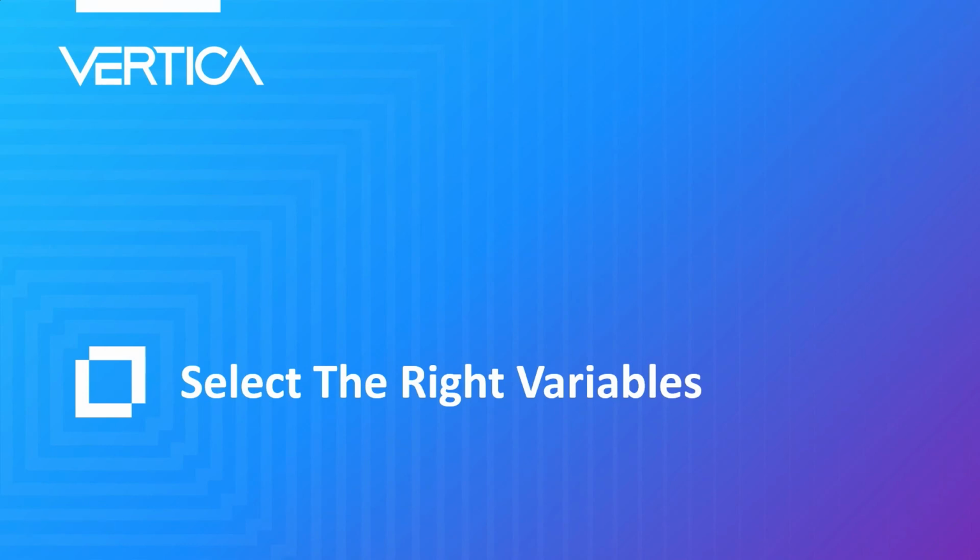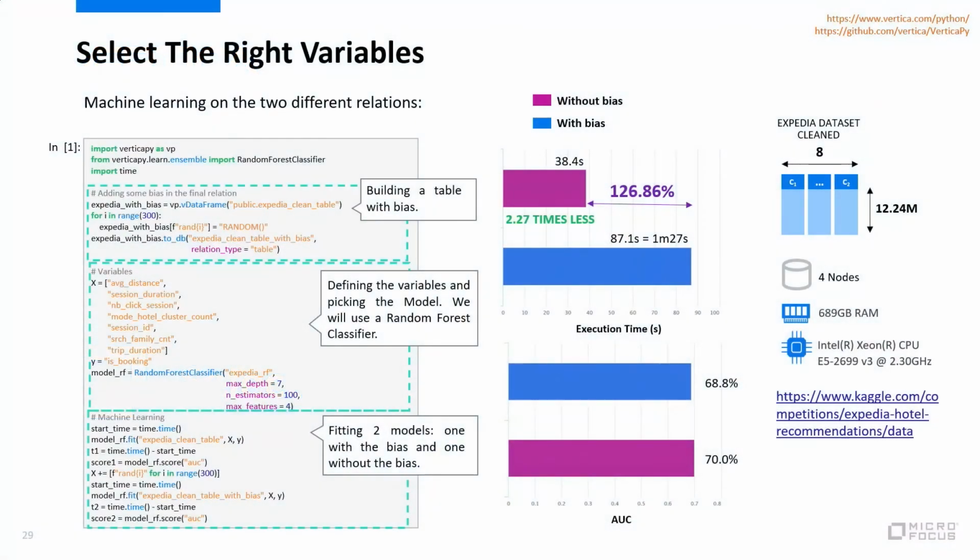Then there is this point where a lot of data scientists are just throwing some variables in what they call a blender in order to find the correct model for the variables. So what I did here, I added a lot of bias in my table.